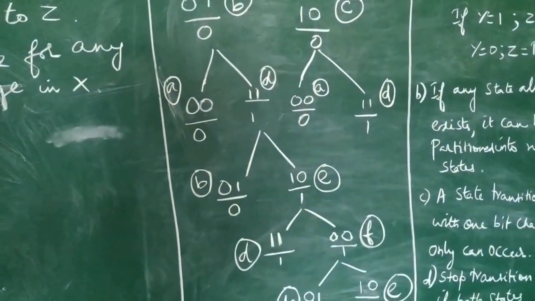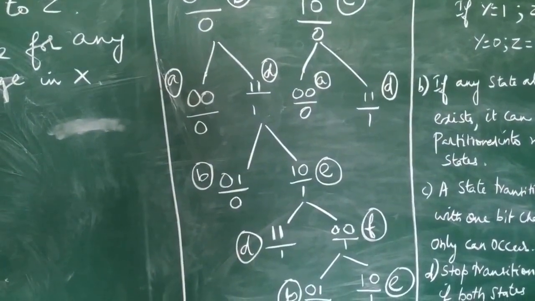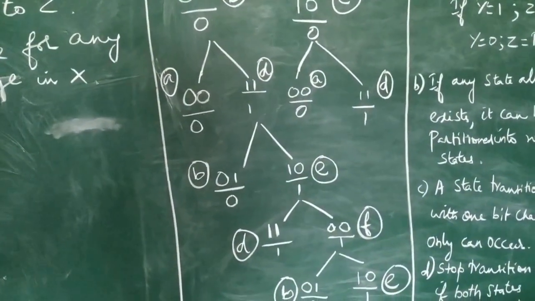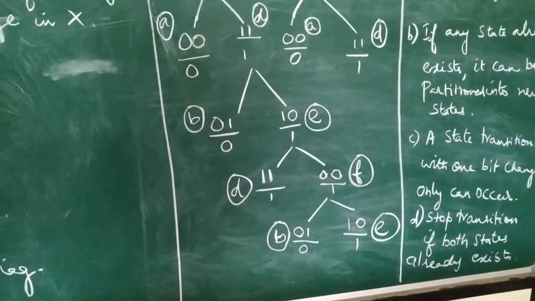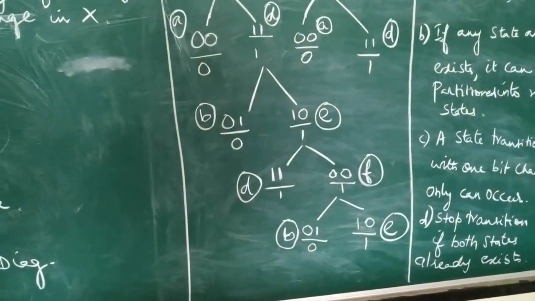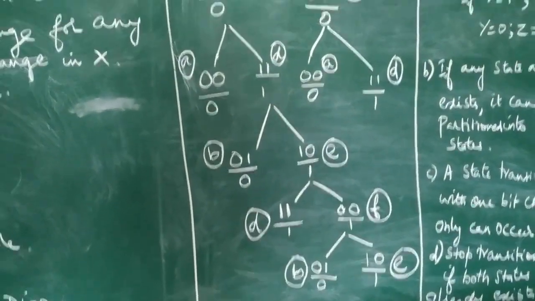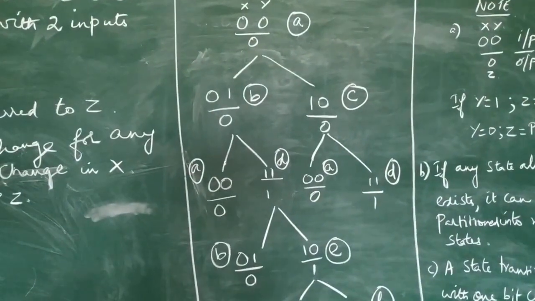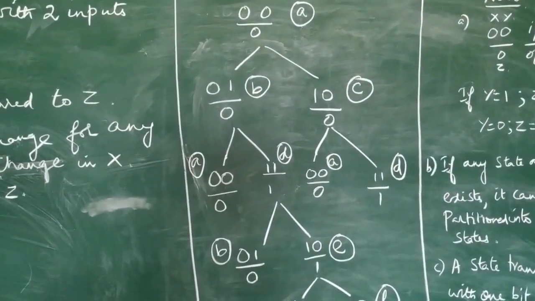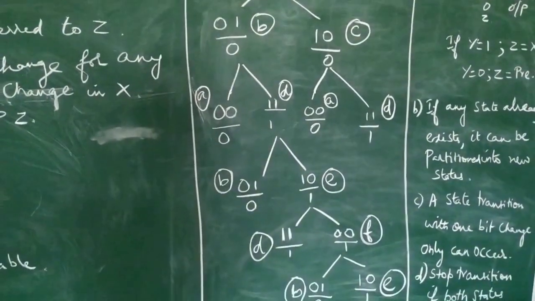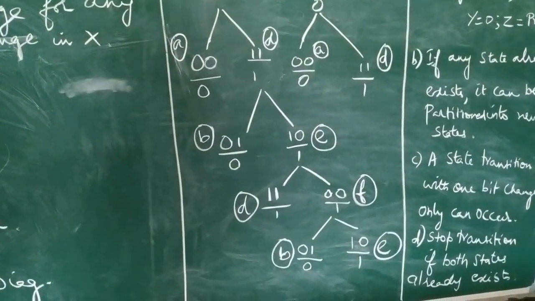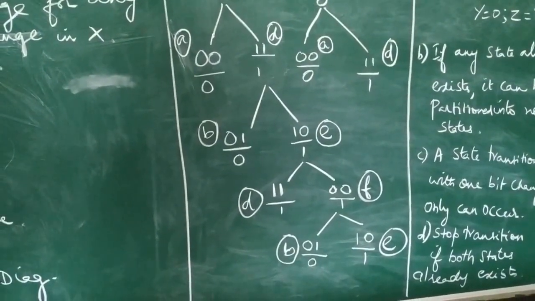D we had done here in the left hand side and made it to B and E. So leave it off as such. Now coming to B, that is 0, 1, 0. 0, 1, 0 also already exists. The second 11 you can see there. So that also cannot be made to transit to new states.